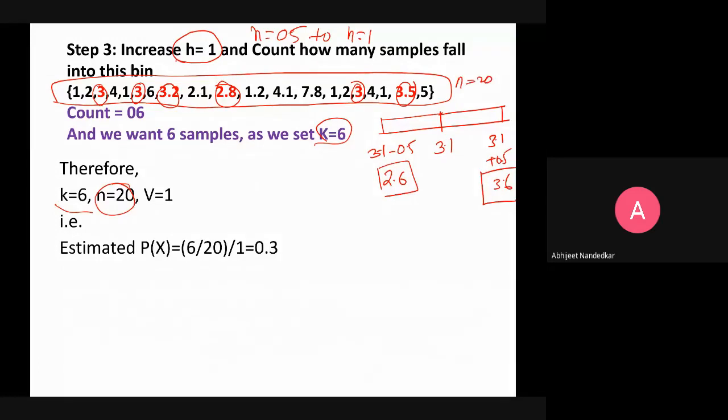Now volume here is 1 because my window size is 1. So the estimation of P of x at 3.1 is 6, the number of k's, divided by 20, the number of samples, divided by volume, so that is 0.3.